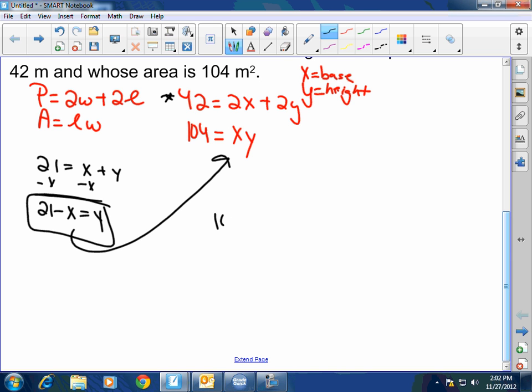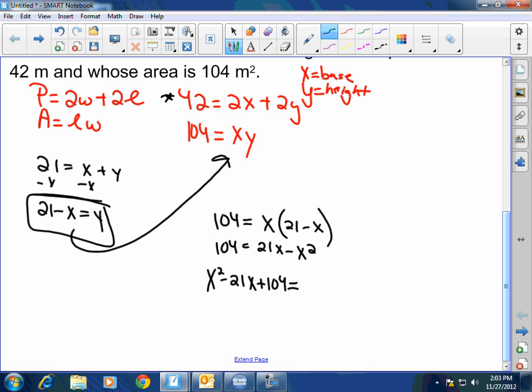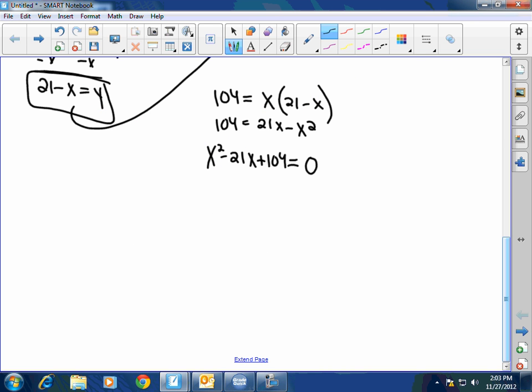So I have 104 equals x times y, but y is 21 minus x. So now I have 104 equals 21x minus x squared. Let's put this in standard form and get that x squared positive. I add the x squared and subtract the 21x, and I get x squared minus 21x plus 104 equals 0.